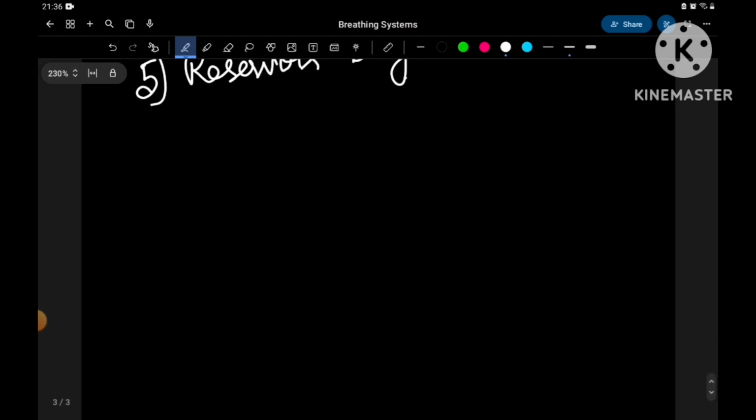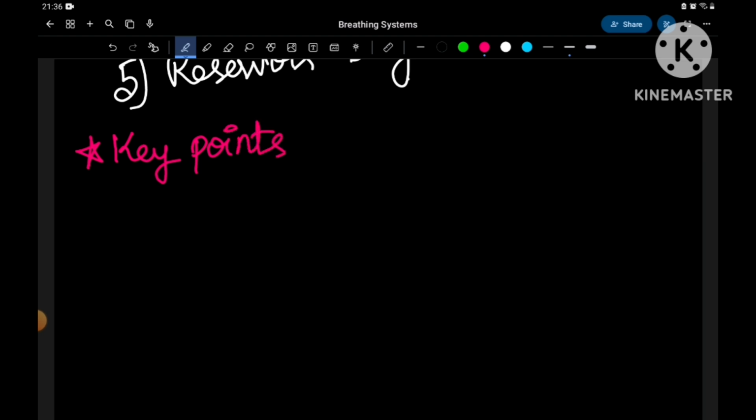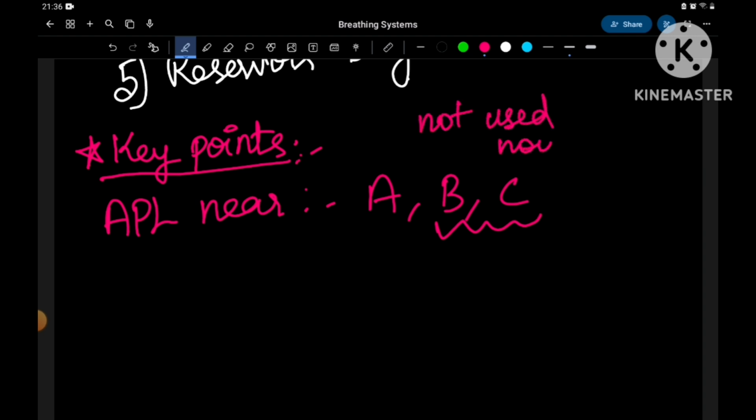And I set some significant points, right? What are they? Please note it. These are key points. APL, there is adjustable pressure limiting valve near. What are they? A, B and C. In these, B and C are not used nowadays.